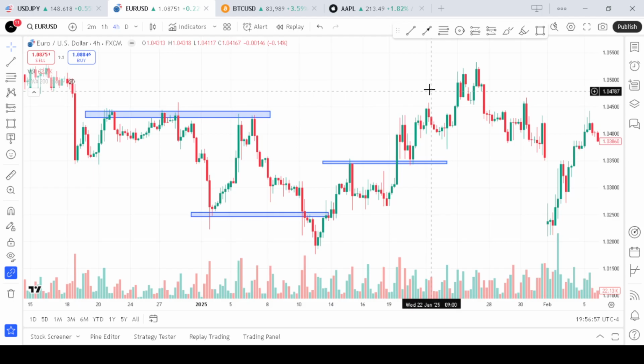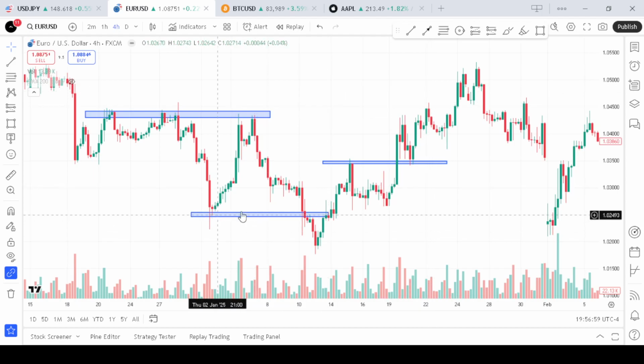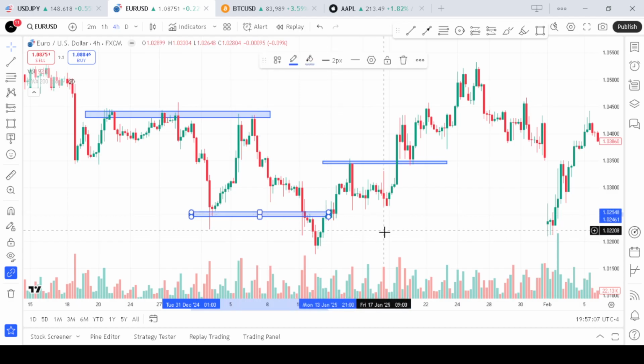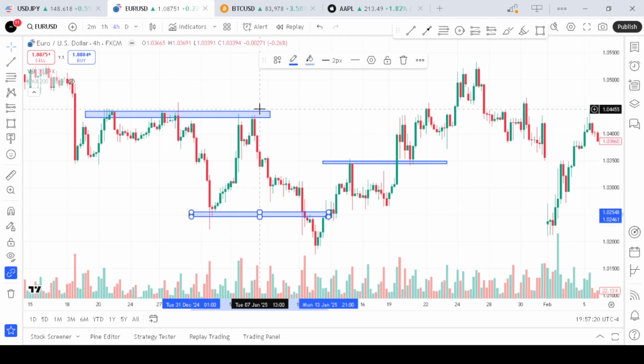Likewise, with a support, when price breaks below a support area, it can act as a resistance area in the market. Now major levels tend to hold more significantly than minor levels. Major levels are reinforced by multiple touches and strong reversals, while minor levels may cause a temporary pause in price fluctuation.